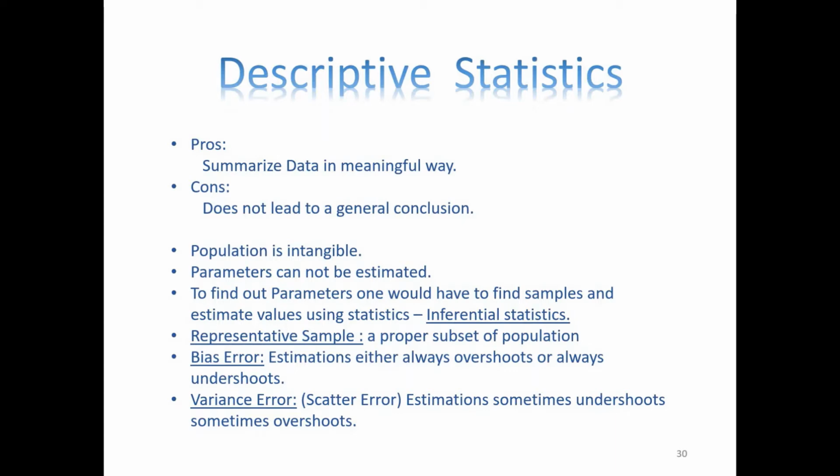So basically, when you're trying to get some insight about your data at a top level, it is well done by descriptive statistics. It will tell you about the mean, the median, the mode, and how spread out the values are. All those details will be given by descriptive statistics.